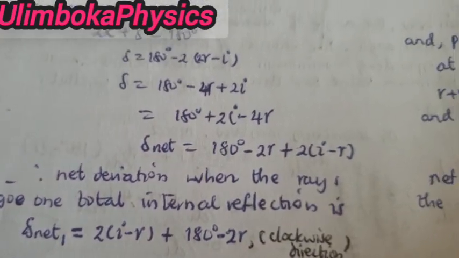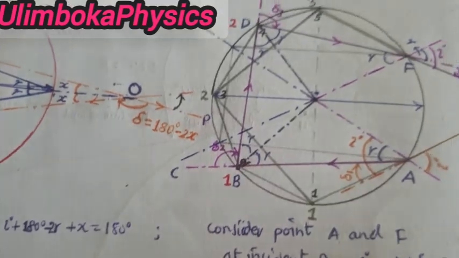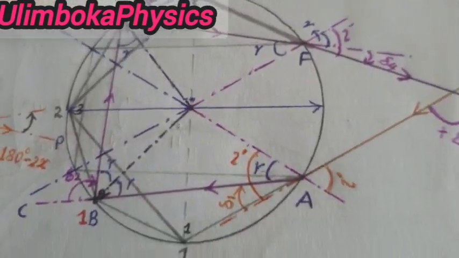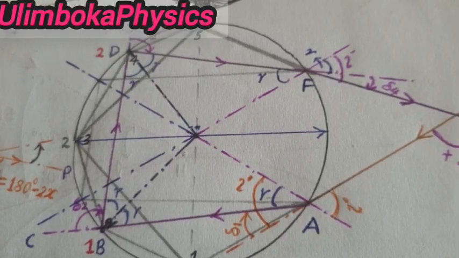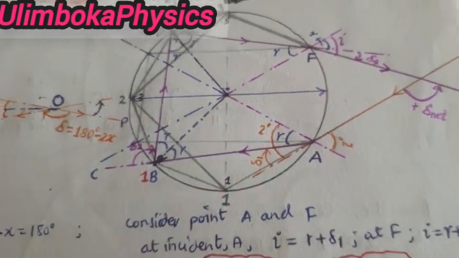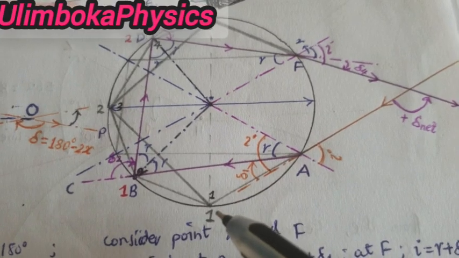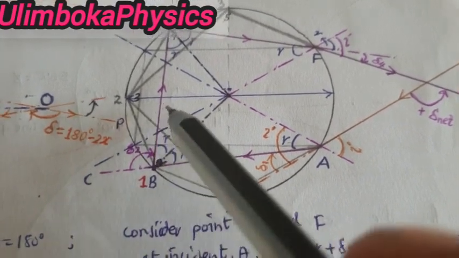Okay, then for the other kinds of rainbow, as you can see here, we have rainbows where the rays undergo more than one total internal reflection.